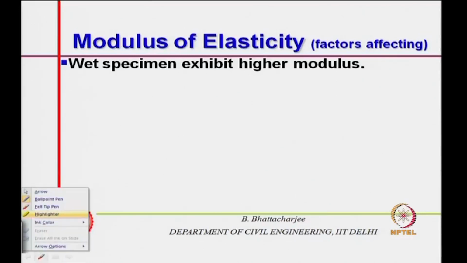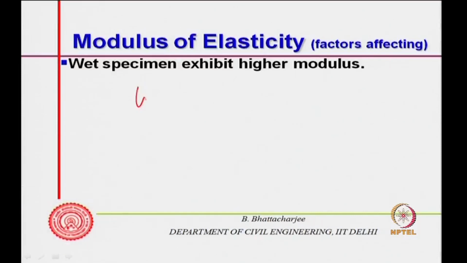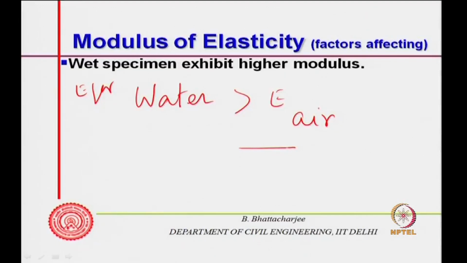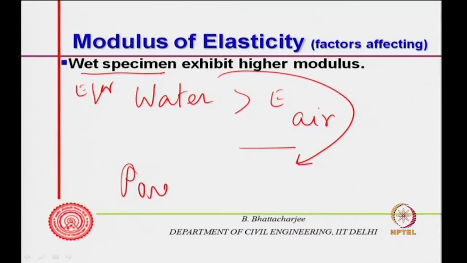Because E for water is more than E for air, both are fluids by the way. So, for a wet specimen, the pores are saturated with water, the pores are filled with water.